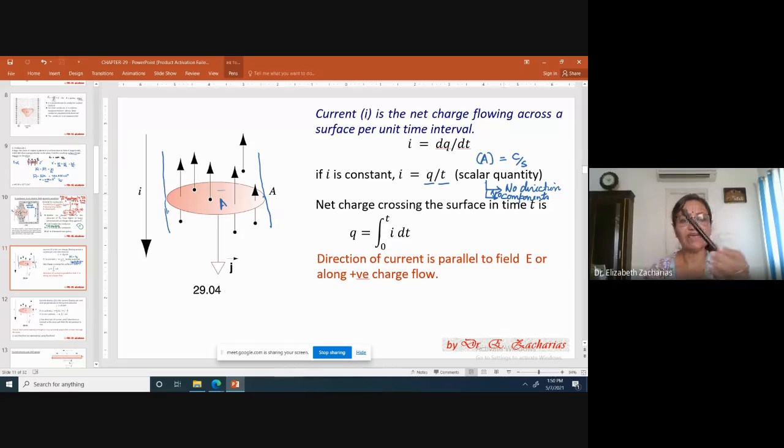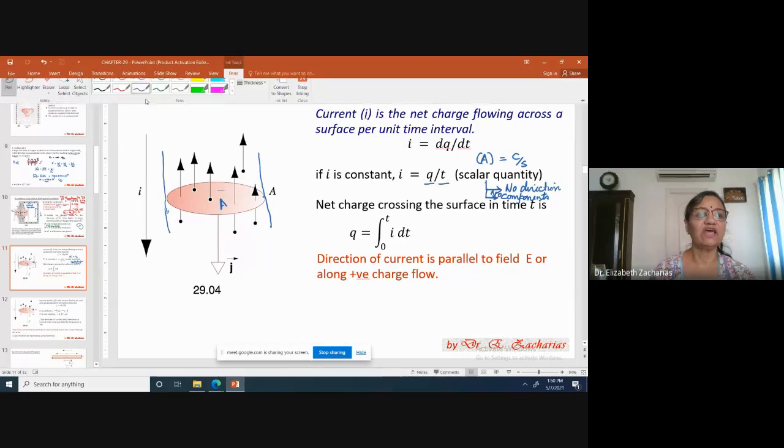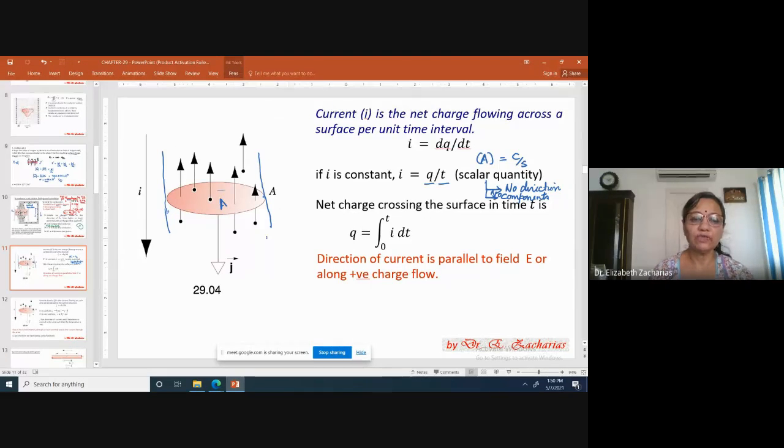If you have a wire like that, it will be going from high to low potential. That is a direction, nothing beyond that. But you cannot talk about the amount of charge flowing along the x direction, y direction, z direction. Therefore, current is a scalar quantity. Now we have just seen that I equal to dq by dt. This is the most general equation.